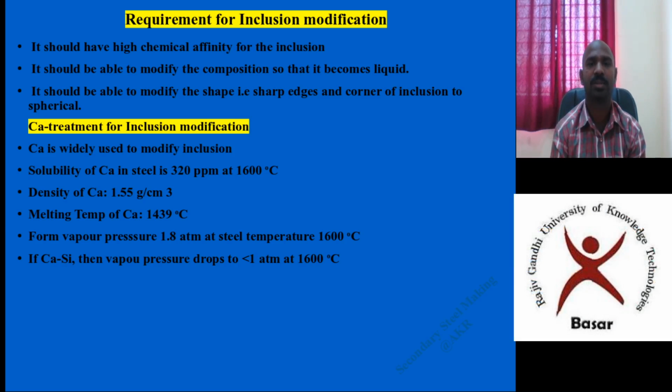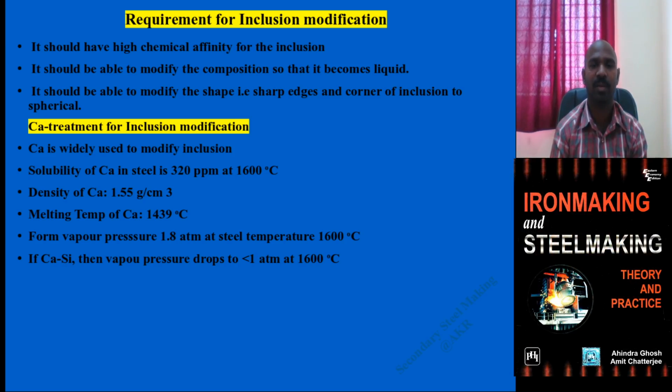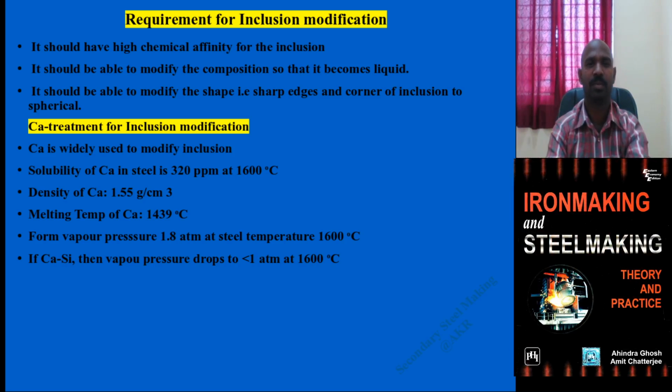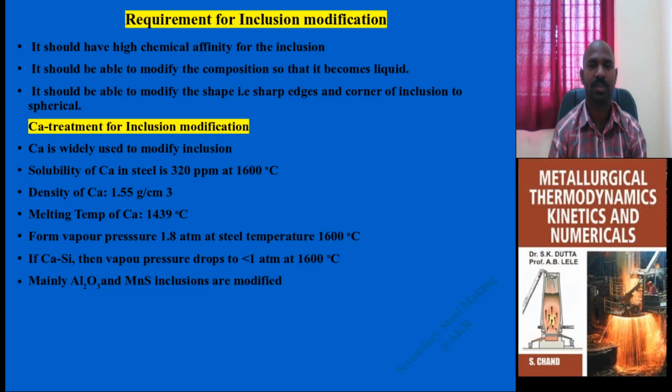and if it is combined with the MnS also, it forms liquid with respect to the aluminium and with respect to the manganese also. It maintains at this temperature, even though the Al2O3 melting temperature is around 2000 and CaO is around 2500. Because of this property, it remains liquid during tapping, so that you can convert the size of the inclusions, mainly to modify Al2O3 and MnS inclusions.